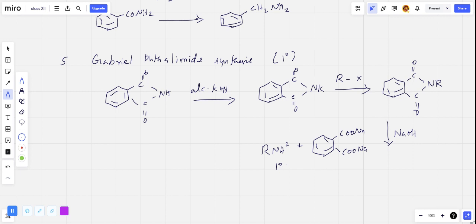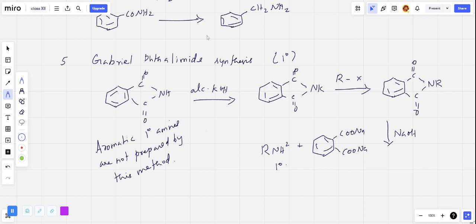Aromatic amines, this method. Okay, so in this method, aromatic primary amines cannot be prepared by this method. Okay, then what is the reason? Because aryl halide does not undergo nucleophilic substitution with the anion formed.